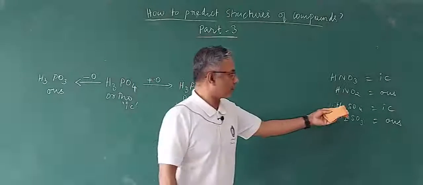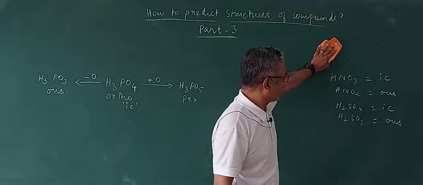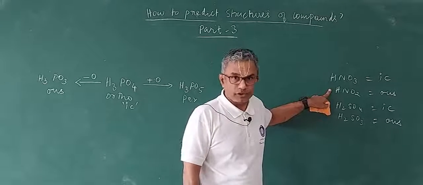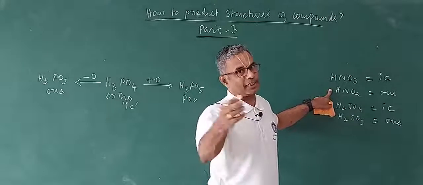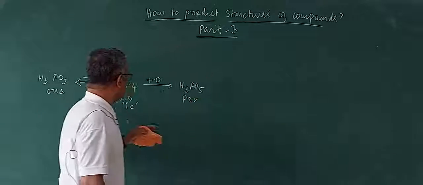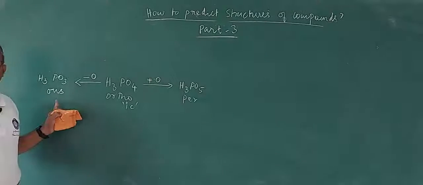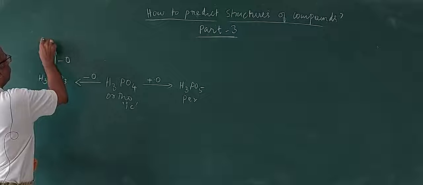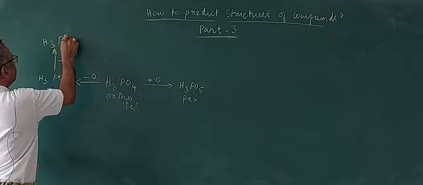So this is what you have to remember, the names, because once you know the names, you will be able to predict the formula of the compound and hence the structure of the compound. Now if you remove one O, you get phosphorous acid. Now if you remove one more O, you will have H3PO2.